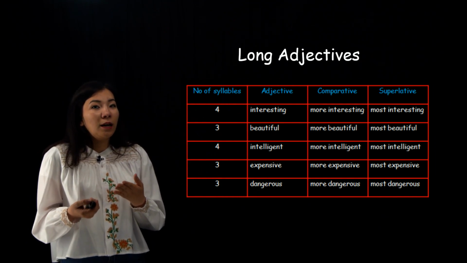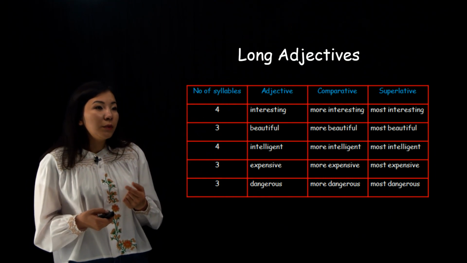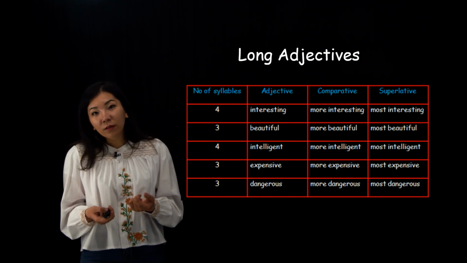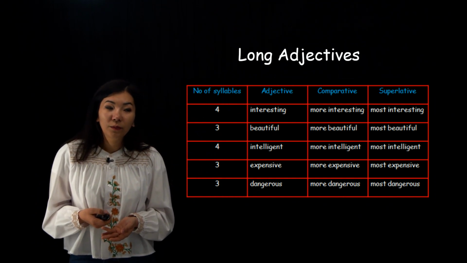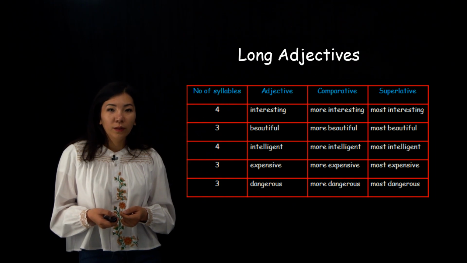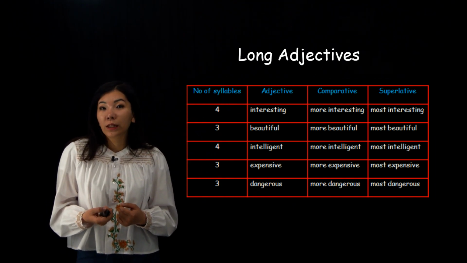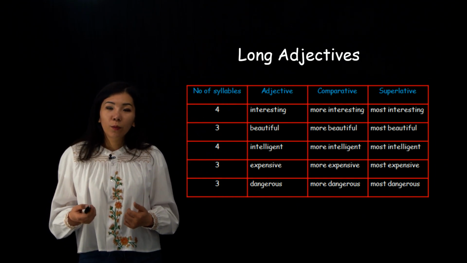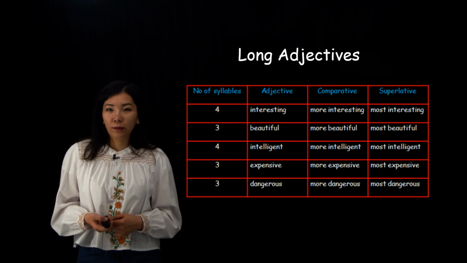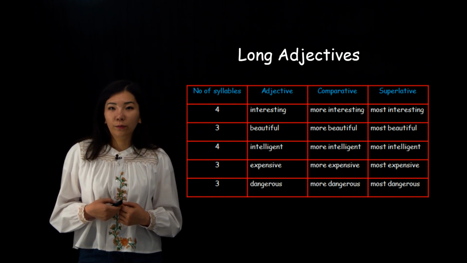So the different article the and the word most. Like here, interesting, more interesting, the most interesting. Beautiful, more beautiful, the most beautiful. Intelligent, more intelligent, the most intelligent. Expensive, more expensive, and the most expensive. Dangerous, more dangerous, and the most dangerous.